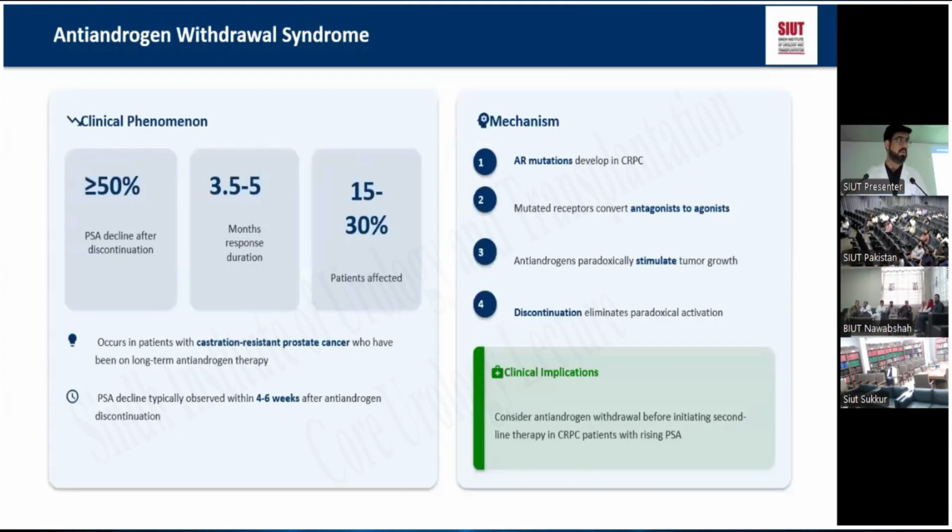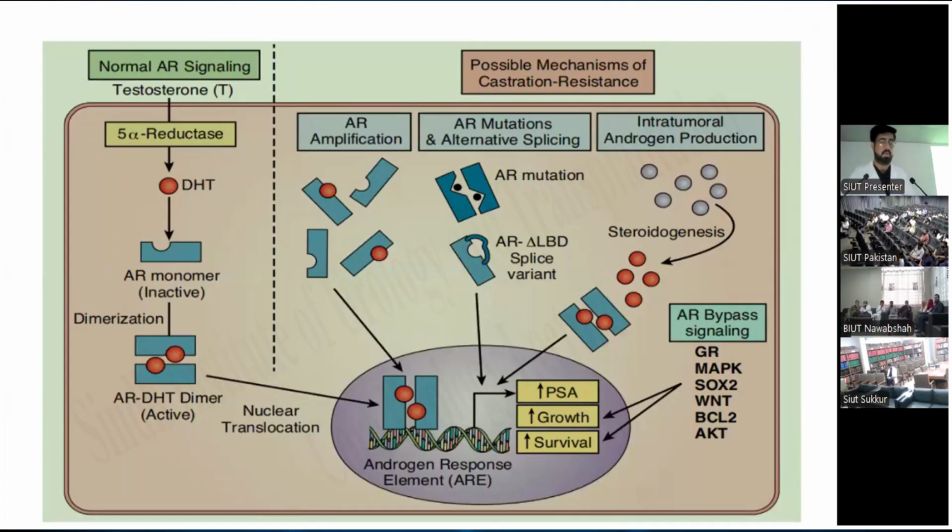So what's the phenomenon behind androgen receptor mutation which leads to CRPC and hormone refractory disease? So do you know what's the phenomenon behind it? So in simpler terms, what it says, Amar, can you just explain?